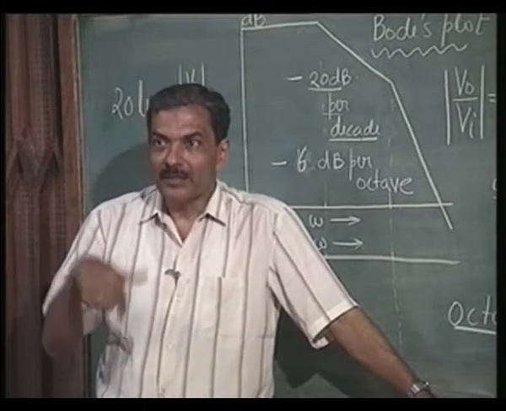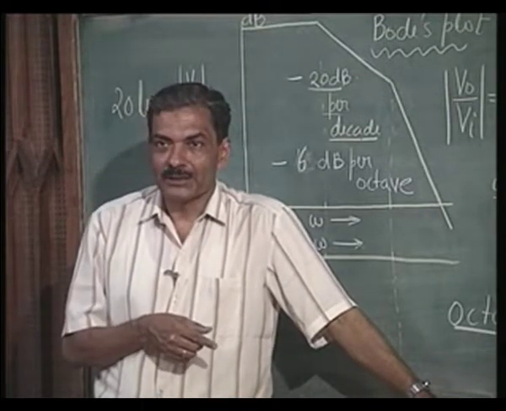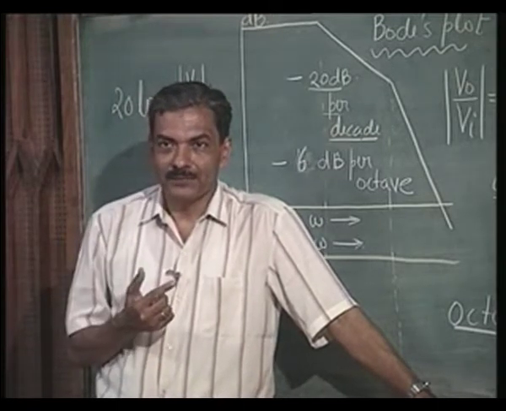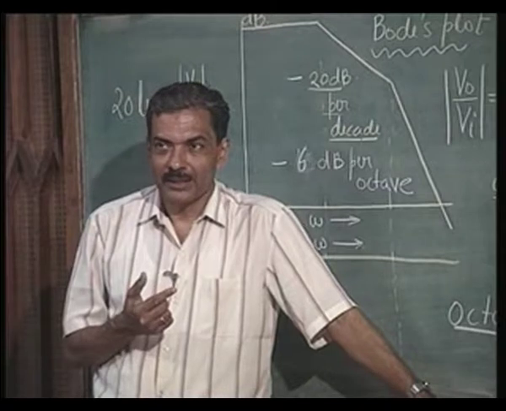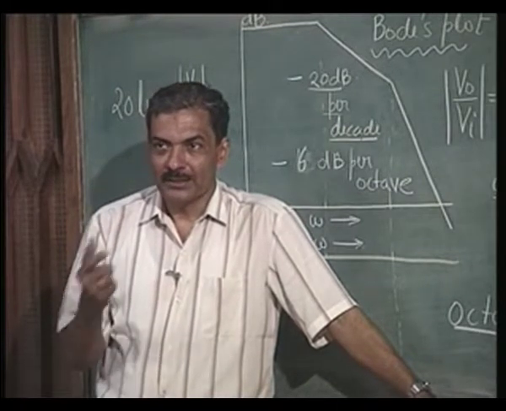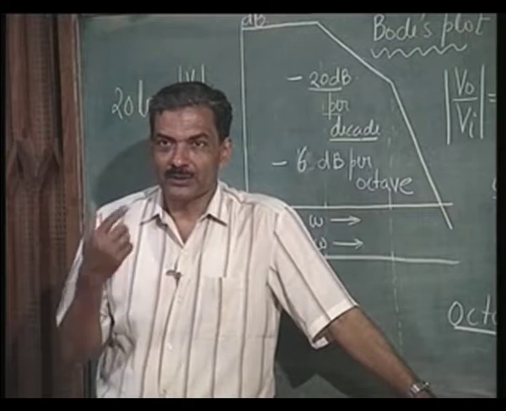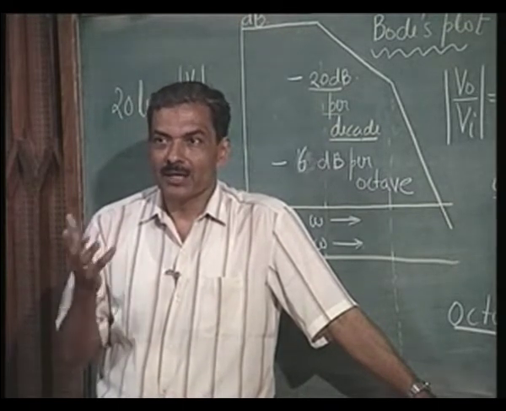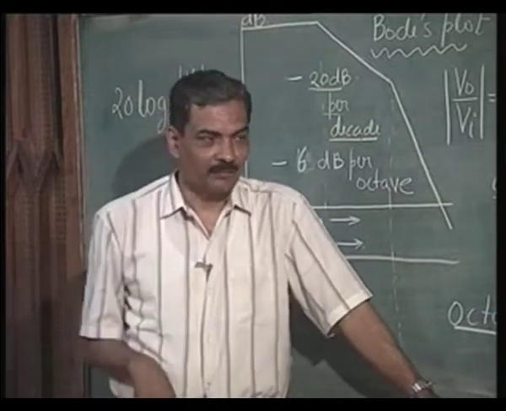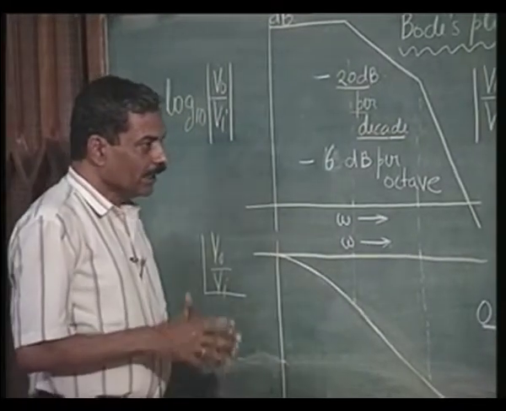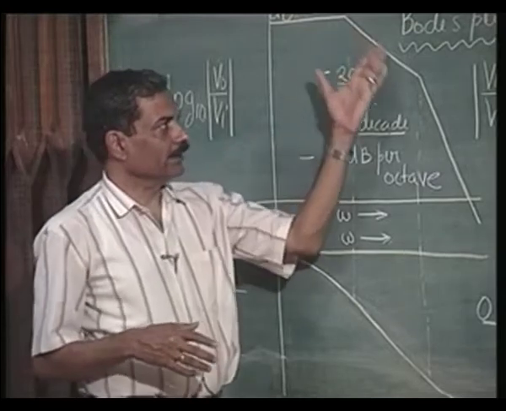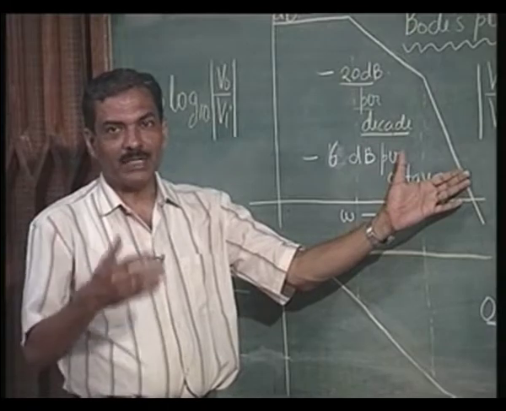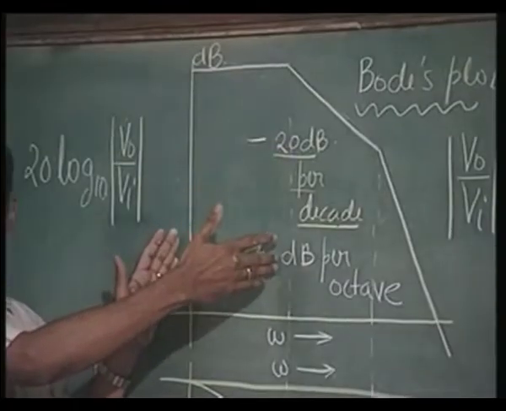So, n time constants will cause 20 into n decibels of attenuation per decade, or 6 into n decibels per octave. This is universal. So, you can see how attenuation occurs outside the so called pass band. This is called the pass band.